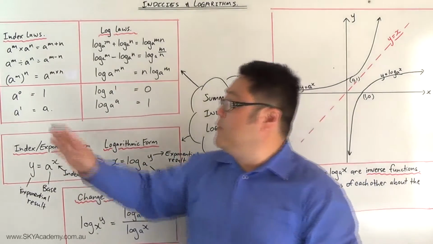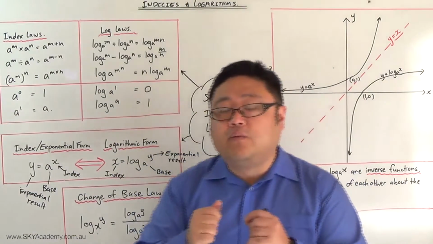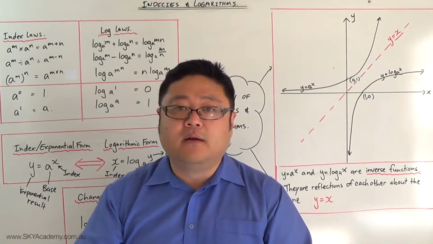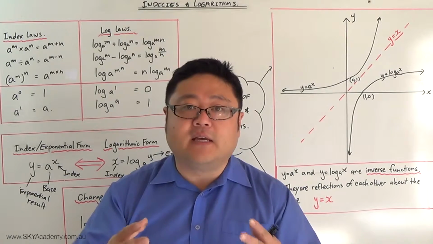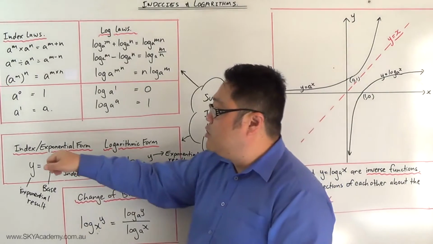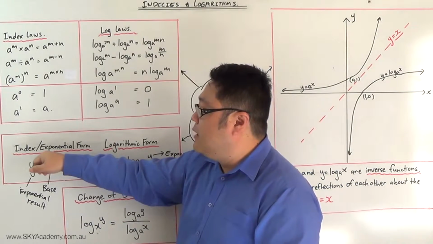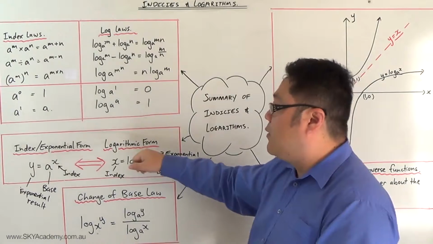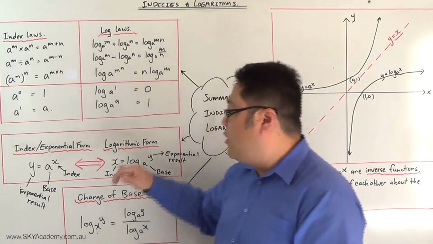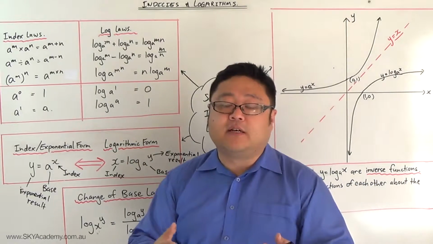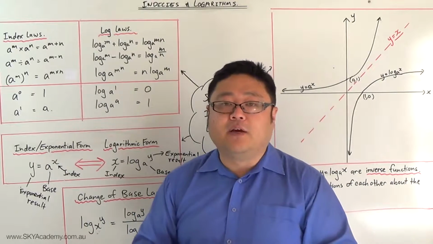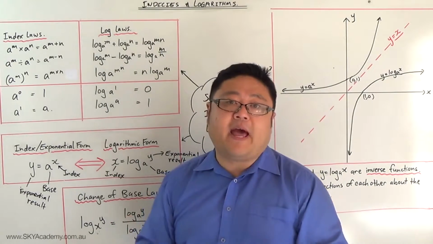And then, after we looked at the index form, we then looked at a new way of expressing index equations or index expressions. And that was, we can change the index form into what we call the logarithmic form, right? And the logarithmic form, remember, was just a way of expressing things so that we can now work with unknown powers, right?